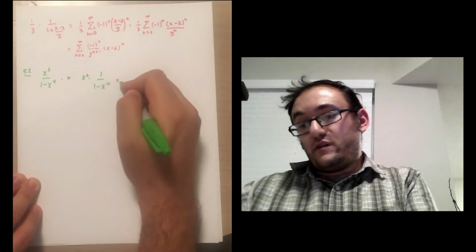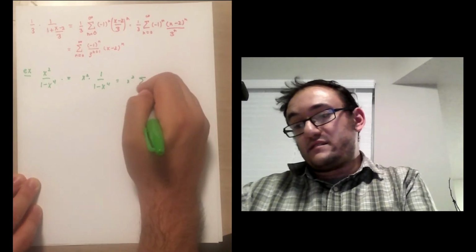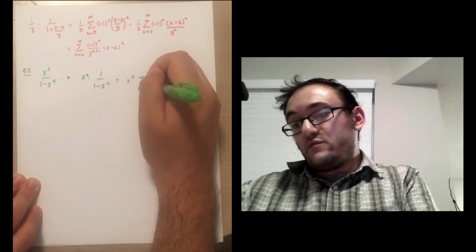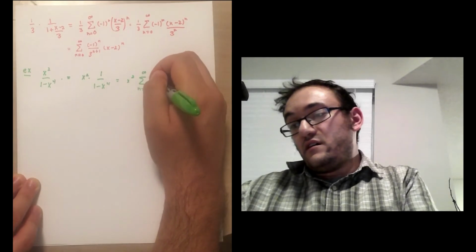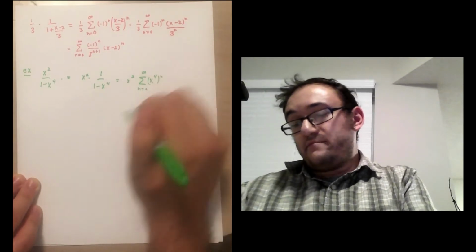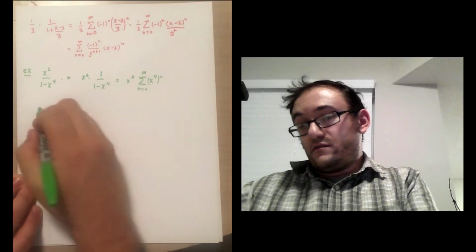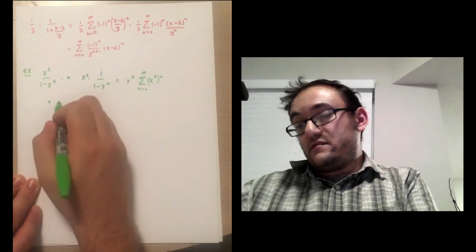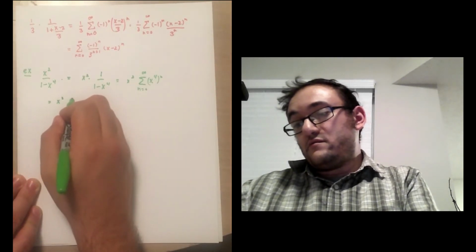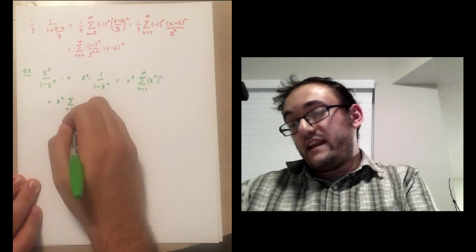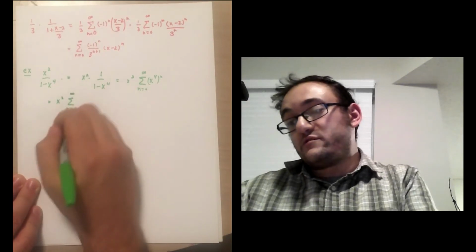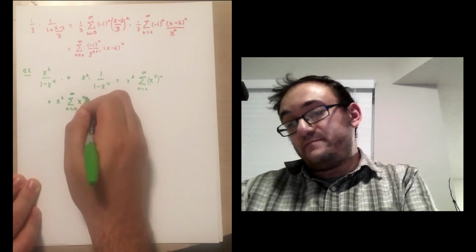And this we know is x squared times the sum from n equals 0 to infinity, x to the 4th to the n. And applying that nth power, we get n equals 0 to infinity of x to the 4n.